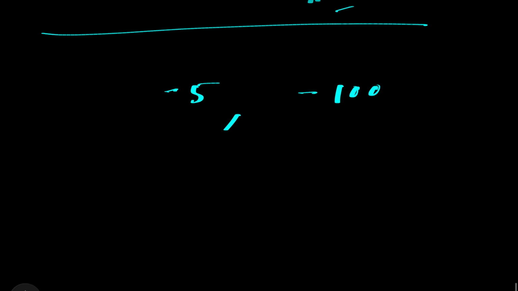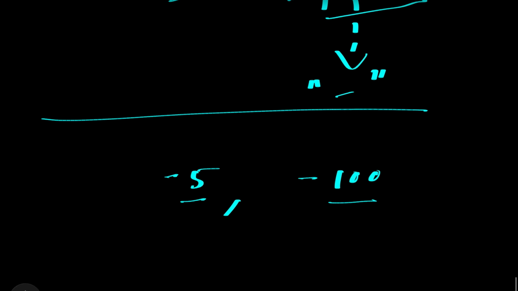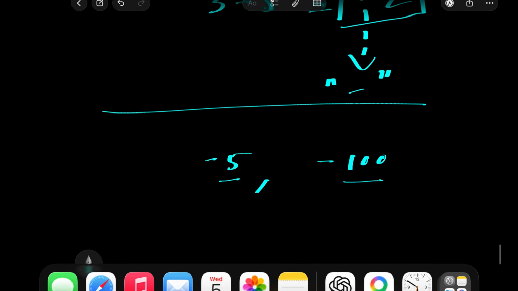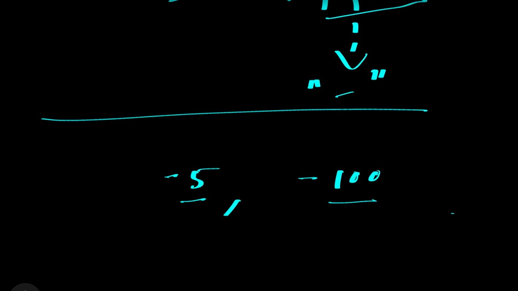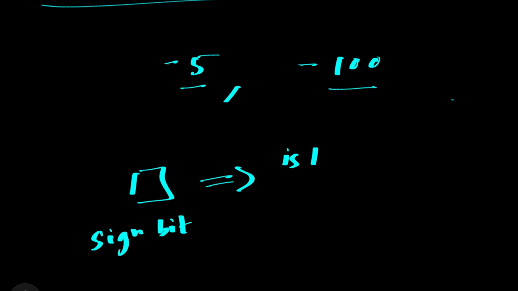That's the question. We can have a binary equivalent for this. But how will the sign be represented? That is called the sign bit. So if the sign bit is 1, then it's negative.